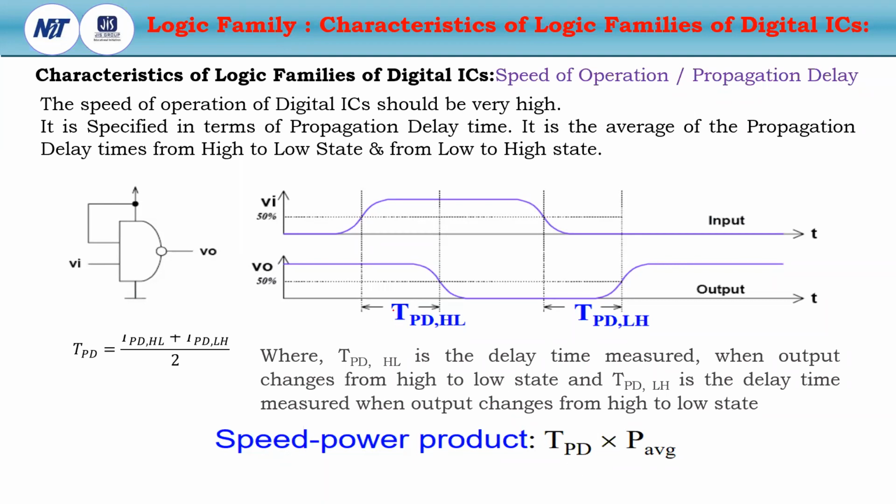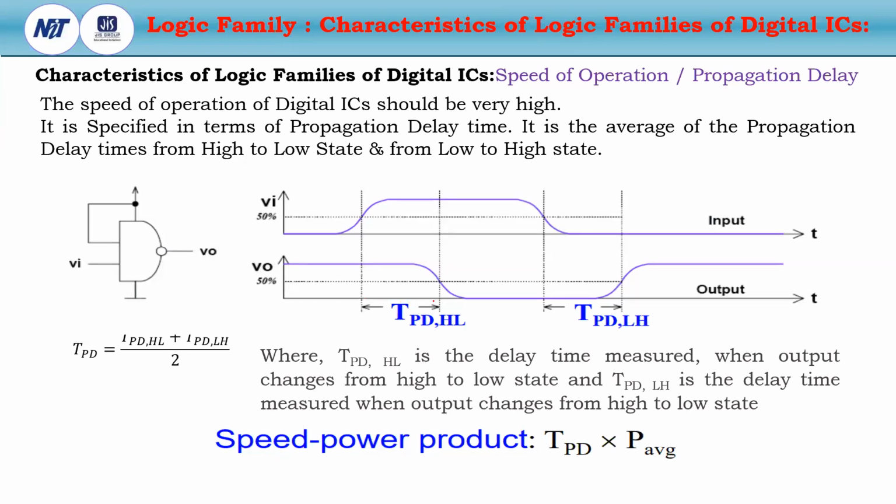This is the propagation delay high to low output, and here this is the low to high. So this is the output from low to high, and this is the output at high to low.